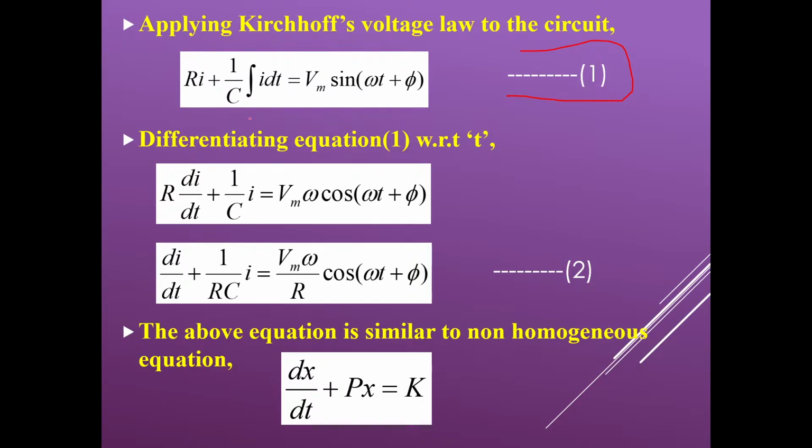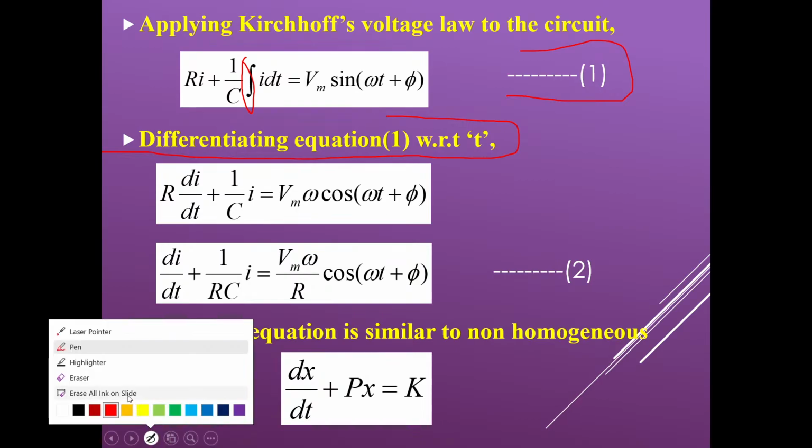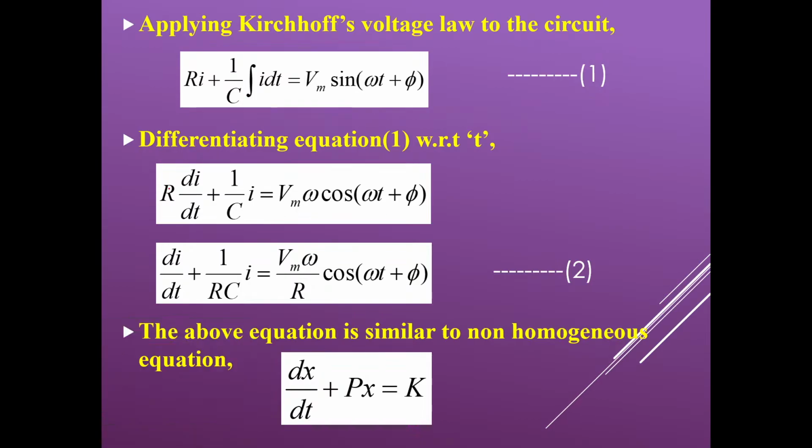Now just rearrange the terms. Of course, for an RL circuit we can simply rearrange, but here it is not possible because the integral part is there. So what I have done is differentiate with respect to time. R into di by dt plus 1 by C i, since integral and differentiation cancel each other, and Vm is constant.